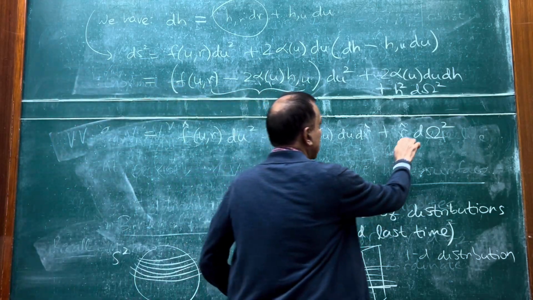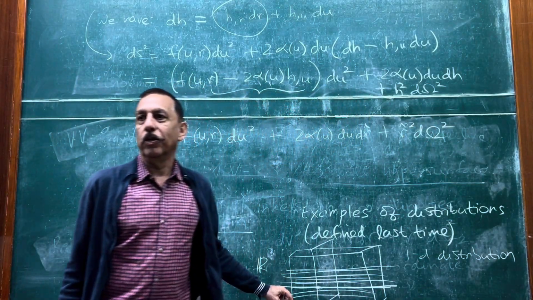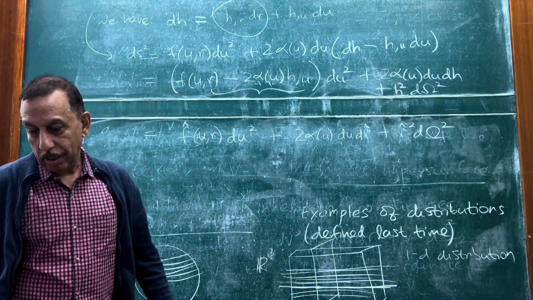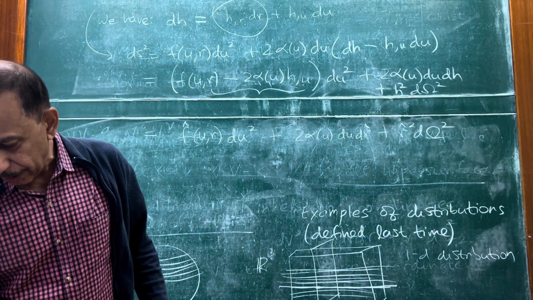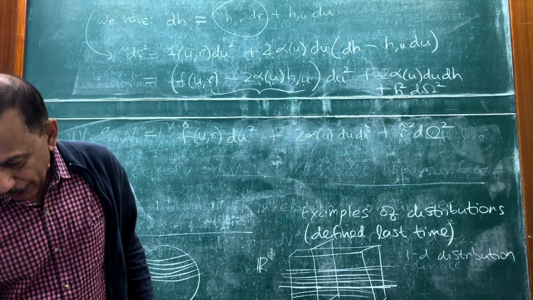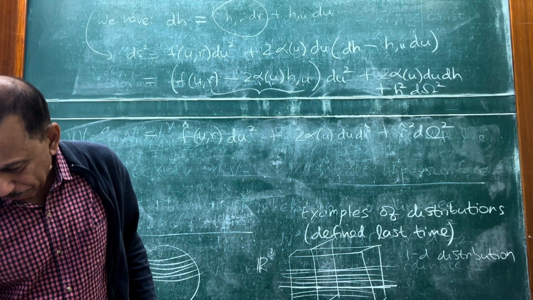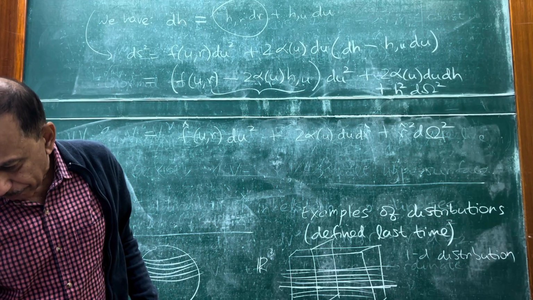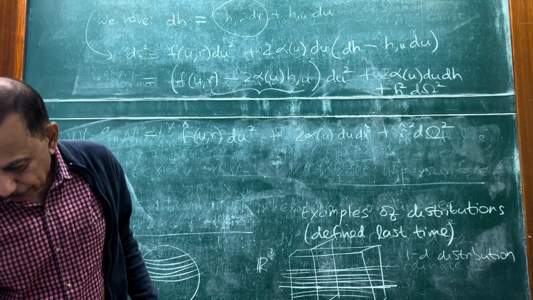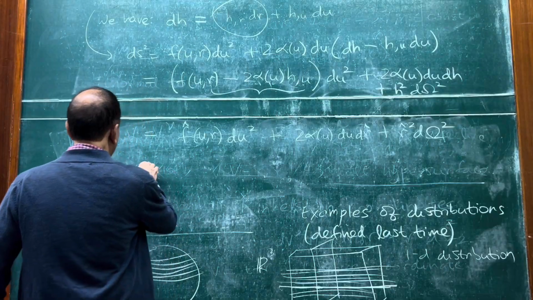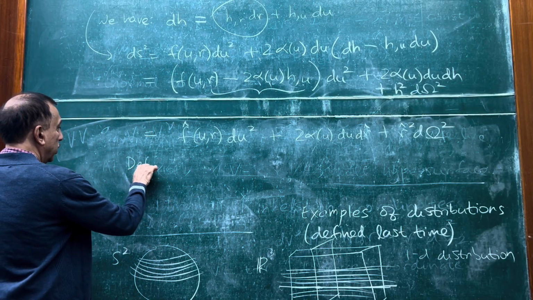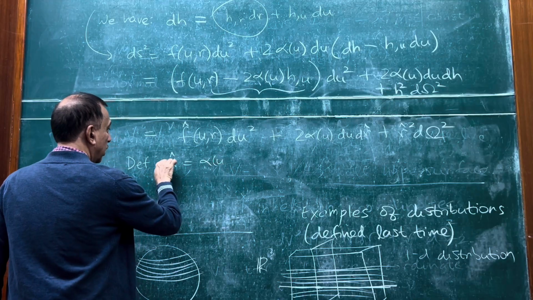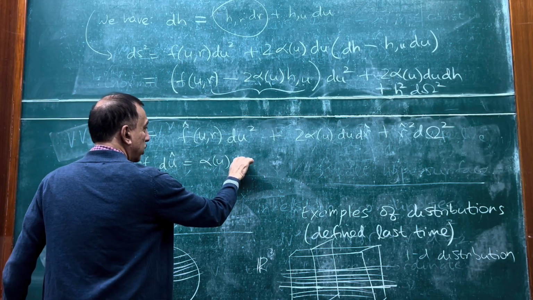First of all, the last term came into the form we want, r squared d omega squared, so we are happy. Now there's a mixed term du dr which will stay, du dr hat, but we can simply define a new coordinate u hat to be alpha of u, such that du hat is alpha of u du.